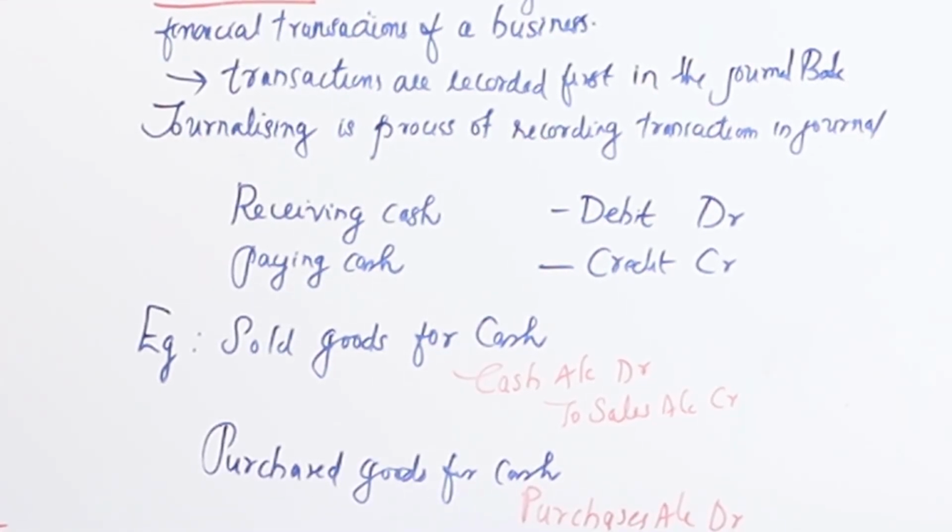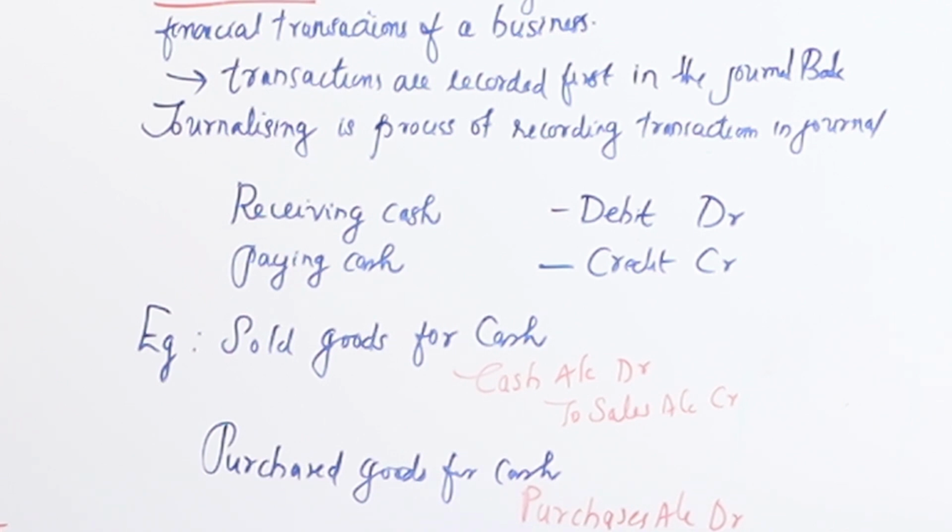Okay, I will teach you what is cash transaction and what is credit transaction. Cash transaction means receiving or paying cash at the same time of transaction. Example, sold goods for cash, which means we sold goods and we received cash at the same time. Example, a bookseller is receiving cash and he is giving book.